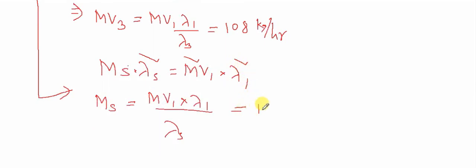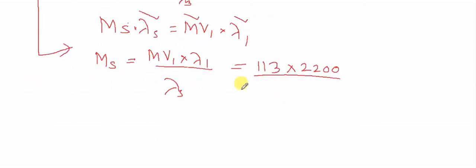mv1 how much? 113 into the lambda value, which is 2200 kilojoule per kg, divided by lambda s. Lambda s is how much? 2164.